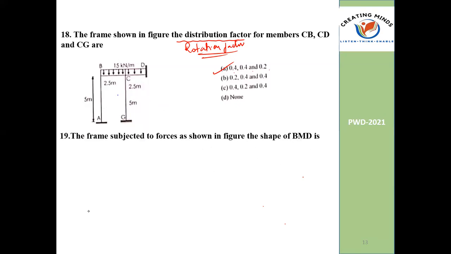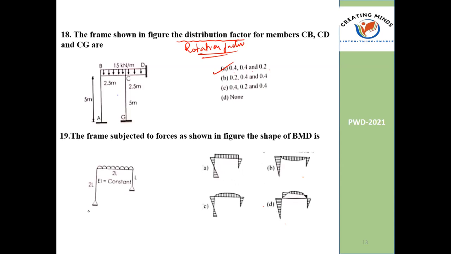The frame is subjected to forces as shown in the figure. We have already discussed the shape of the BMD. Please guess what the shape of BMD is. Both are hinges, so the moment is 0. The answer is D. See, 0 moment, 0 moment. This is not the case.